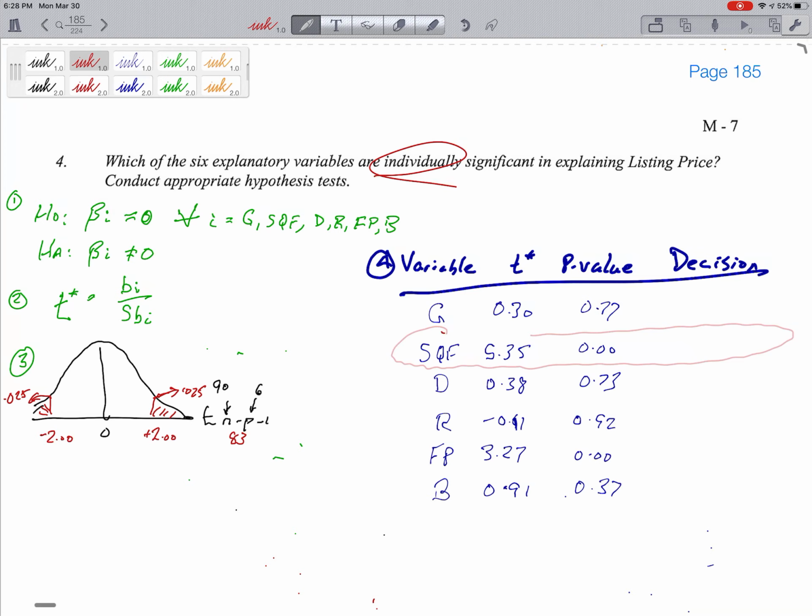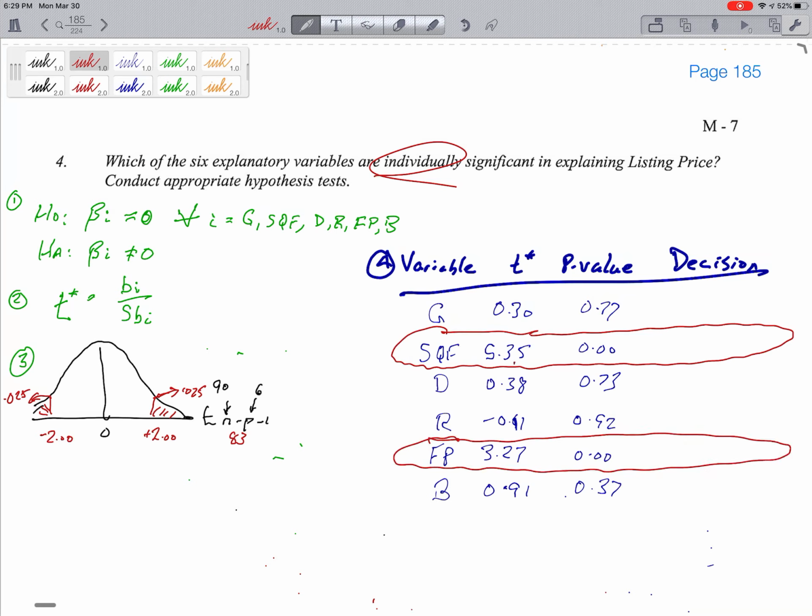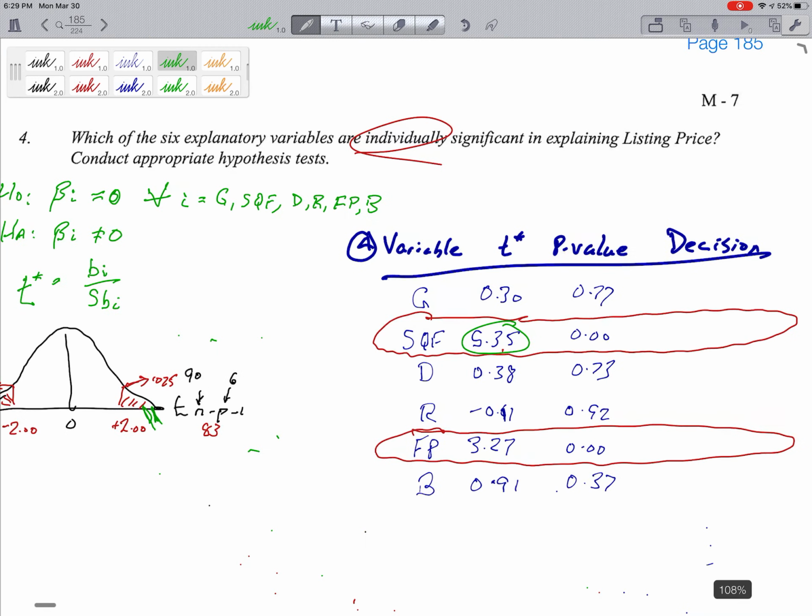So the decision then is that this guy here and this guy here are your significant variables, right? 5.35 is somewhere way over here, and 3.27 is also in the upper tail like that. They correspond to low p-values. And so the decision here would be to reject H0.